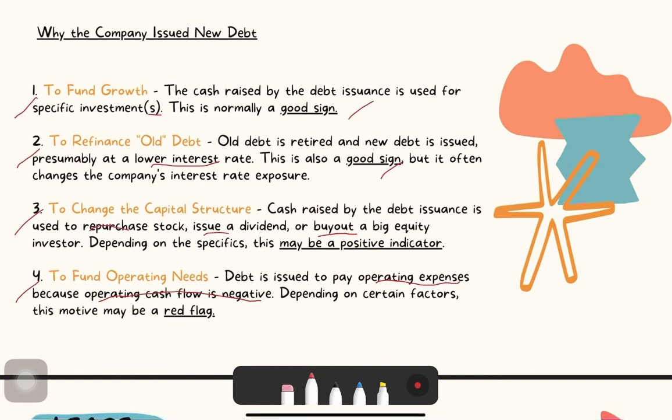Ini macam gali lubang, tutup lubang. So they have to issue new debt because the operation is negative, to finance the operating activities. So that's not a good sign if the company issues debt to fund operating needs.